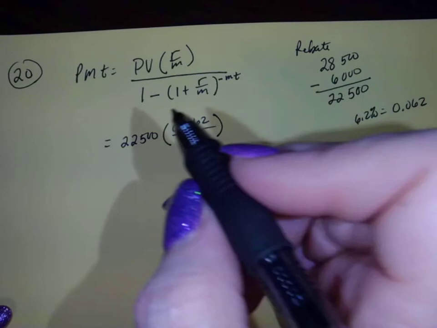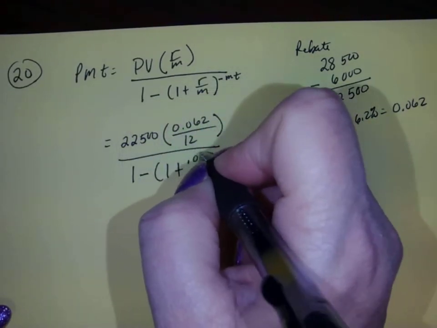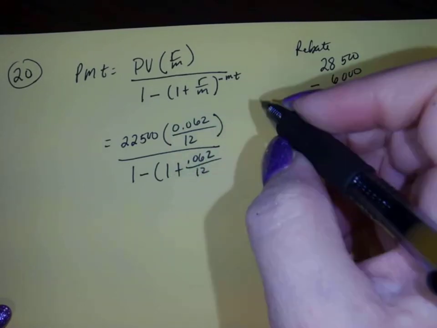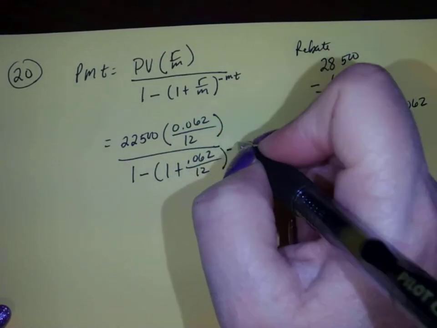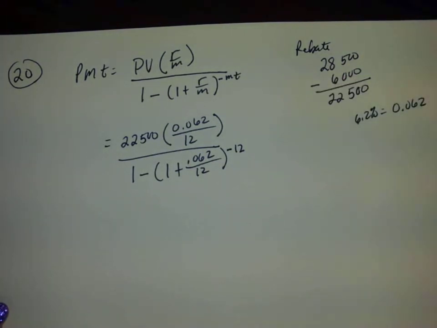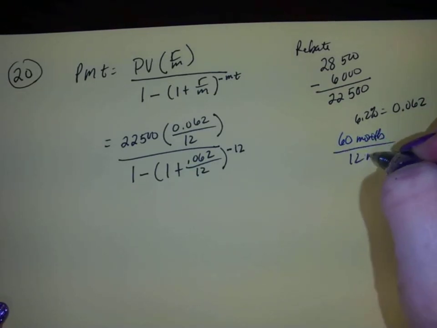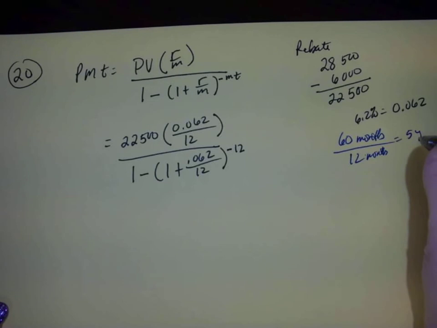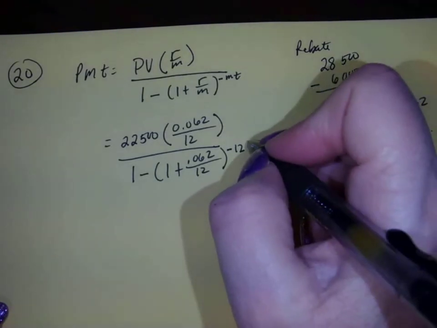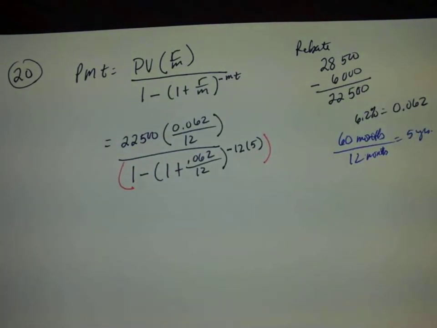And then we are going to divide this by 1 minus 1 plus 0.062 divided by 12 raised to the negative 12, and t is the amount of time. We were told 60 months divided by 12 months gets us 5 years. So this will be times 5. Now, again, we have to add in the parentheses down here so that we have the whole thing at the bottom. Otherwise, we'll divide by 1 and then subtract all of that.